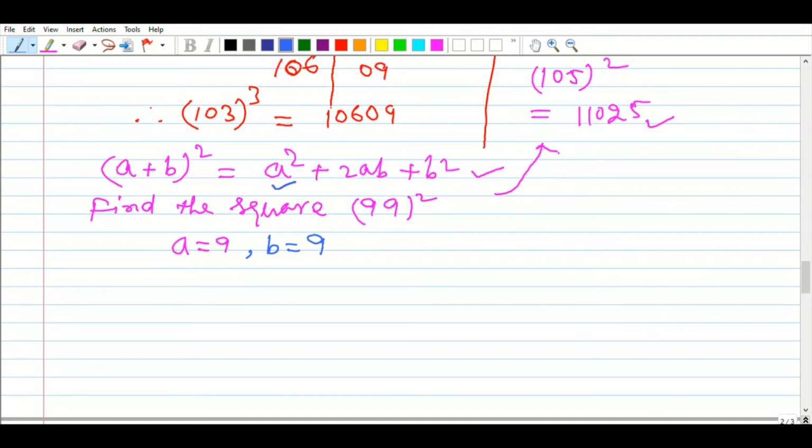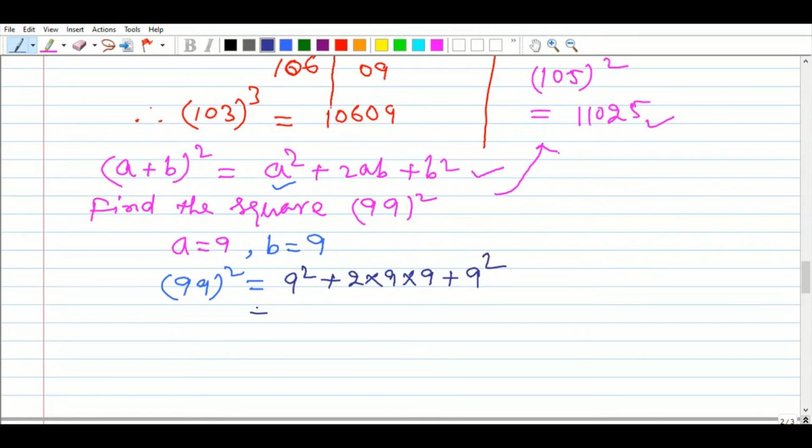It's clear. Here is (a plus b) whole square. That means what we should write. For that, take a as 9. So we can write here 99 square equal to 9 square plus 2 into 9 into 9 plus 9 square.